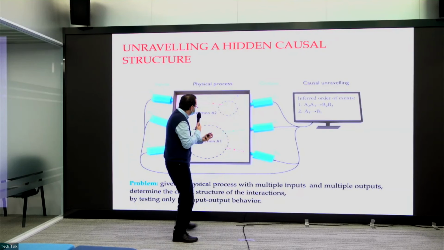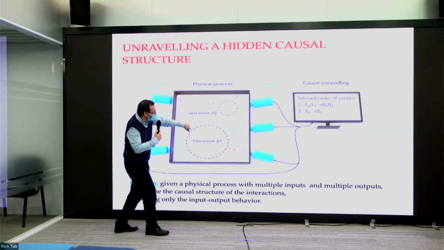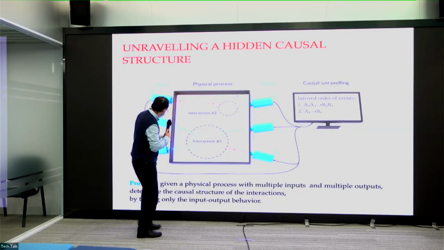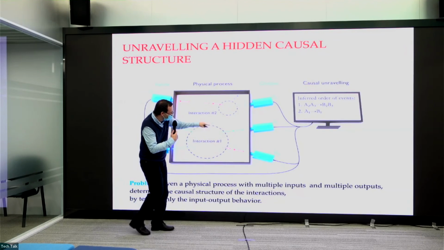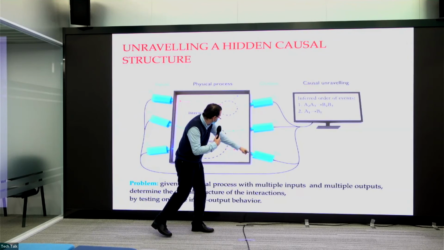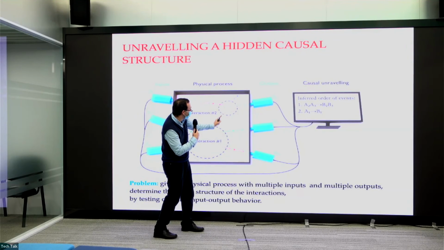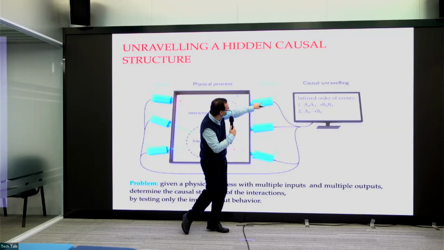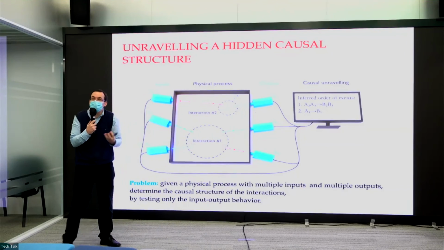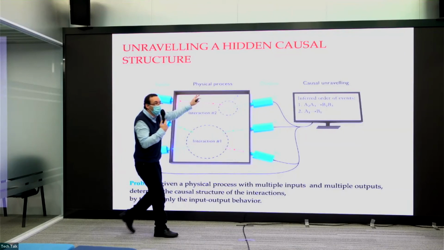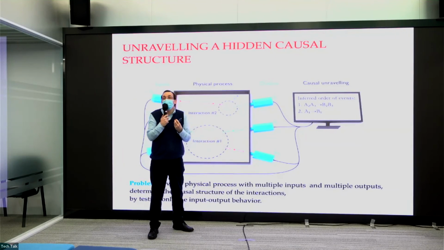And inside the process, these inputs interact in some way that you don't know. For example, input 2 and input 3 could interact together, produce output 3, and produce some intermediate product that interacts with input 1 and gives you output 1, and so on. So there could be some complicated structure of interactions inside your device, but you cannot look inside.